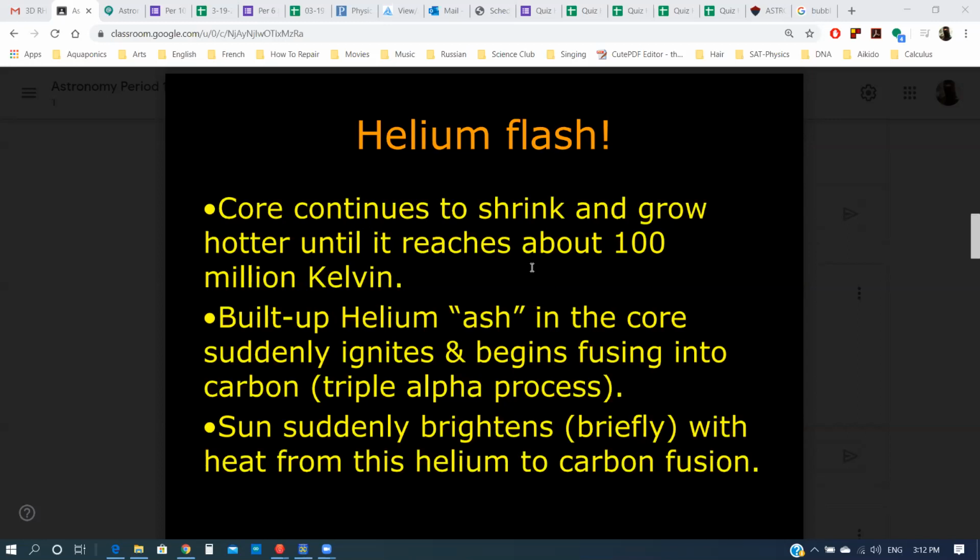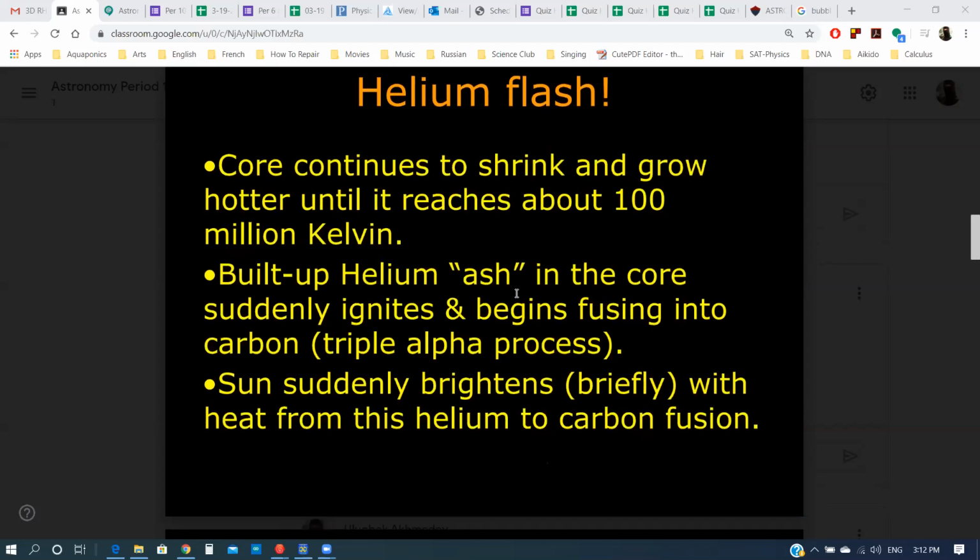Fusion of helium is the triple alpha process, meaning that 3 alpha particles must collide at the same time. This releases enormous amounts of energy, and the star will brighten up. However, as a result, it will also lose outer layers, and the size of the star becomes smaller.